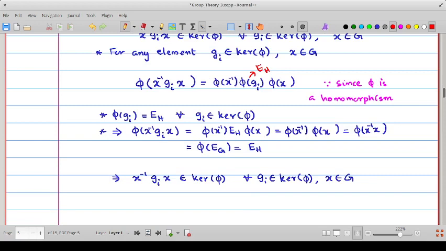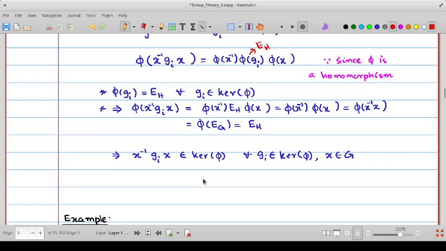So we have just shown that for any element x of the group G and for an element Gi of the kernel of phi, phi of x inverse Gi x is equal to EH, or in other words, x inverse Gi x is an element of the kernel of phi. So that means all elements of the conjugacy class of the element Gi of the kernel of phi is also an element of the kernel of phi. So kernel of phi contains complete classes of the group G, and therefore it should be a normal subgroup of G.